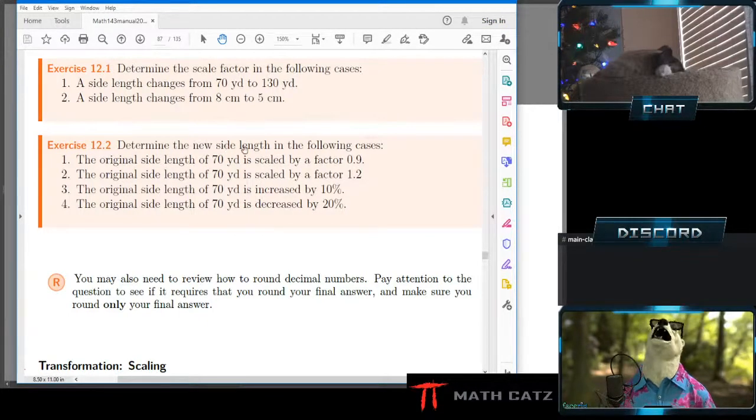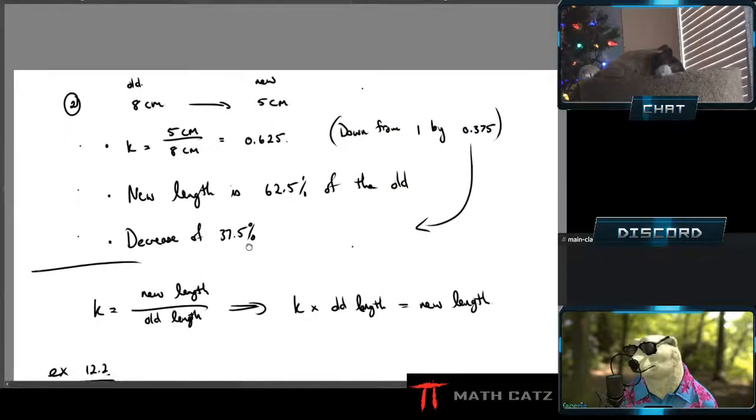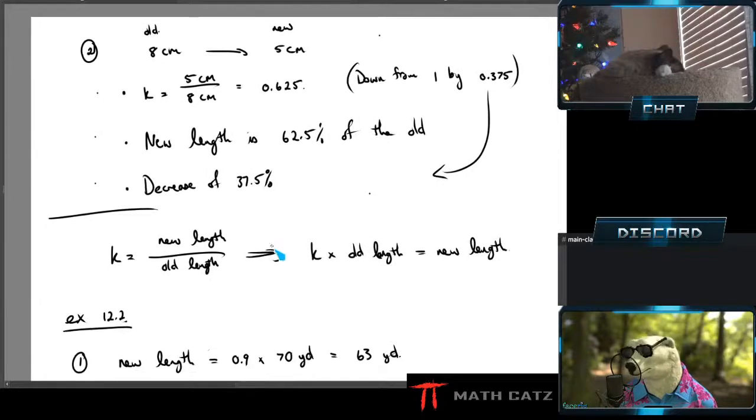Determine the new side length in the following cases. A few cases there. The original side length of 70 yards is scaled by a factor of 0.9. Then I'll use the second version of the equation because I don't have all the lengths.